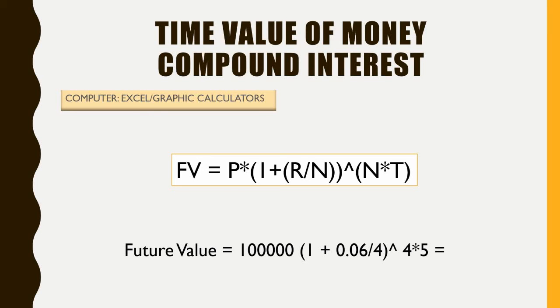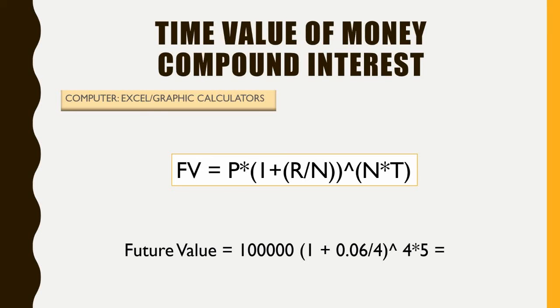You're going to punch in the equal sign, P, the star, parentheses, 1 plus, open parentheses, R divided by N, slash N, parentheses, caret, parentheses, N times T, parentheses.